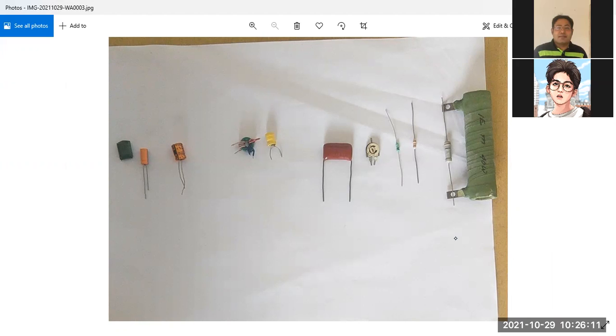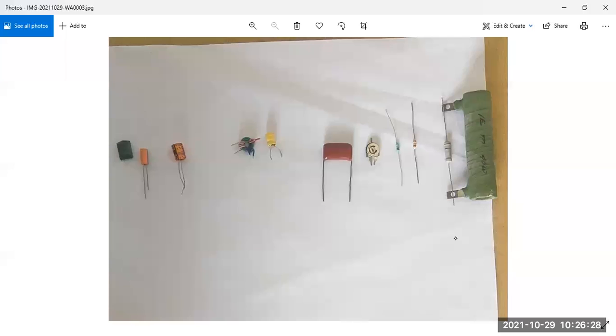Whenever you go to any circuit, not only in your lab but in your surrounding area, you can see so many electronic and electrical circuits. Whenever you can recognize these types of components, you will get interested in this subject.